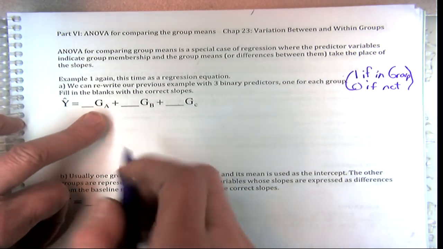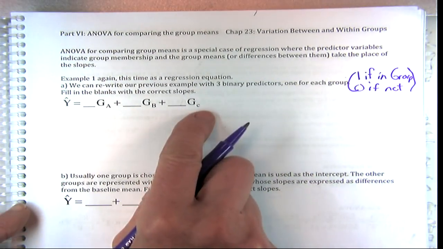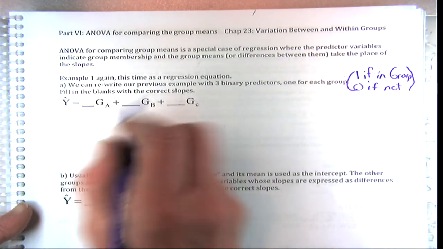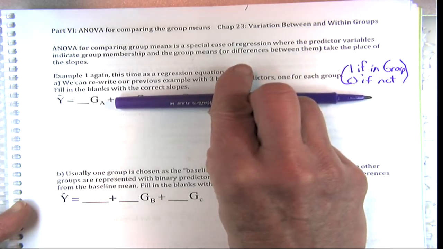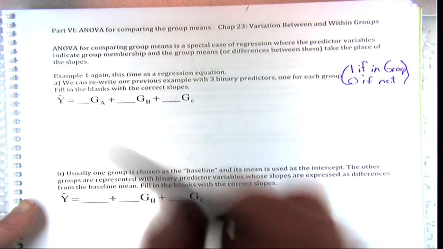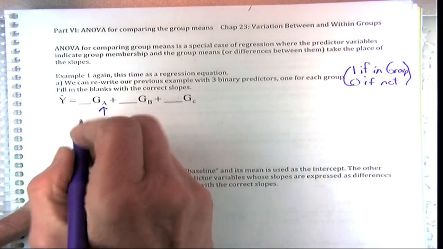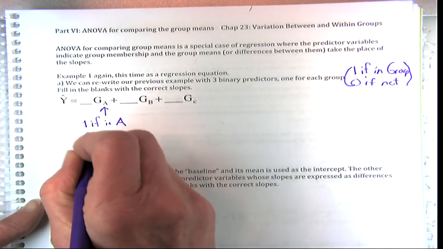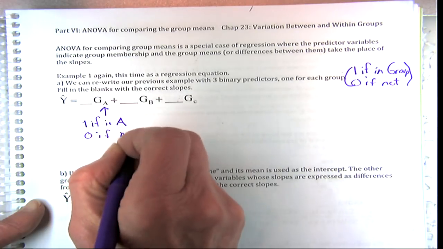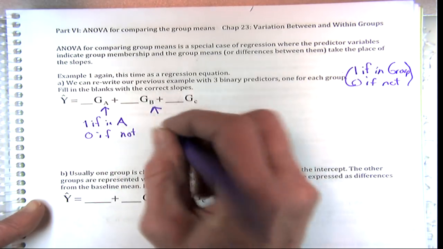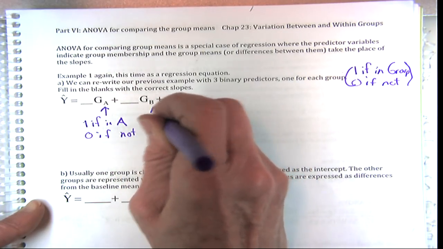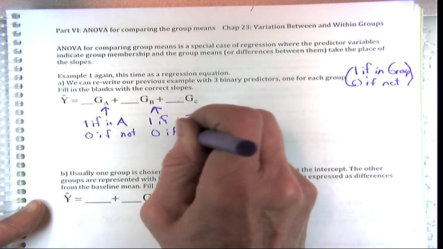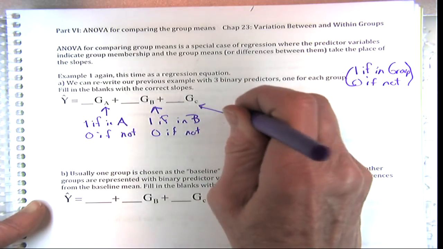These are all 1, 0. So if you're in group A, it's going to be 1 for this group, right, and 0 for these two, right? I'll write it again, and we'll do it for each one. So it'll be 1 if in B, 0 if not, and we'll do the same here for C.